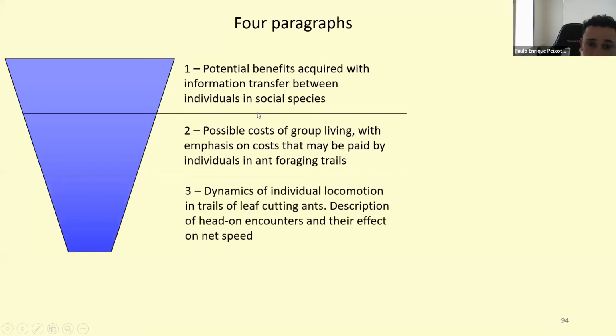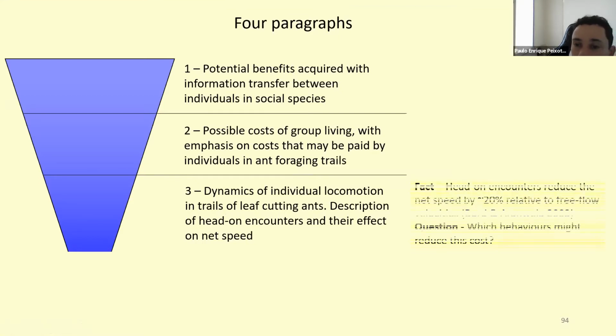After this, they explained the dynamics of individual locomotion, specifically in trails of leaf-cutting ants, because in this part they describe that when individuals are walking in these trails, they perform head-on encounters, head-to-head encounters between individuals that are leaving the nest and individuals that are arriving at the nest, and they discussed their effect on the net speed of individuals in these trails.